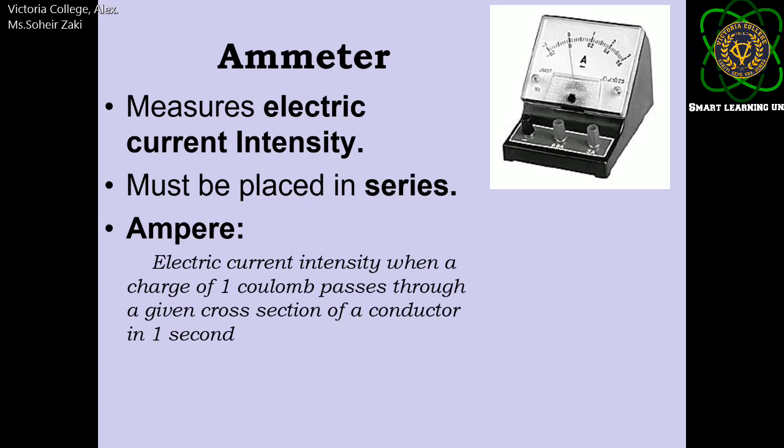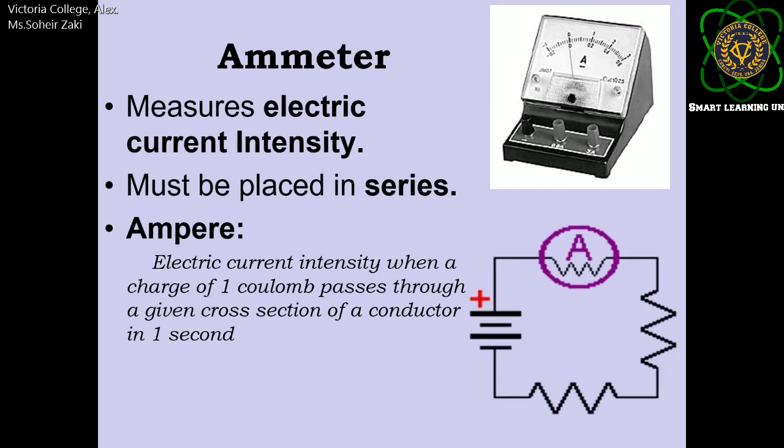Ampere is the electric current intensity when a charge of 1 coulomb passes through a given cross-section of a conductor in 1 second. The ammeter has this symbol inside the electric circuit. It's a capital letter A in a circle and is connected, as we said before, in series.